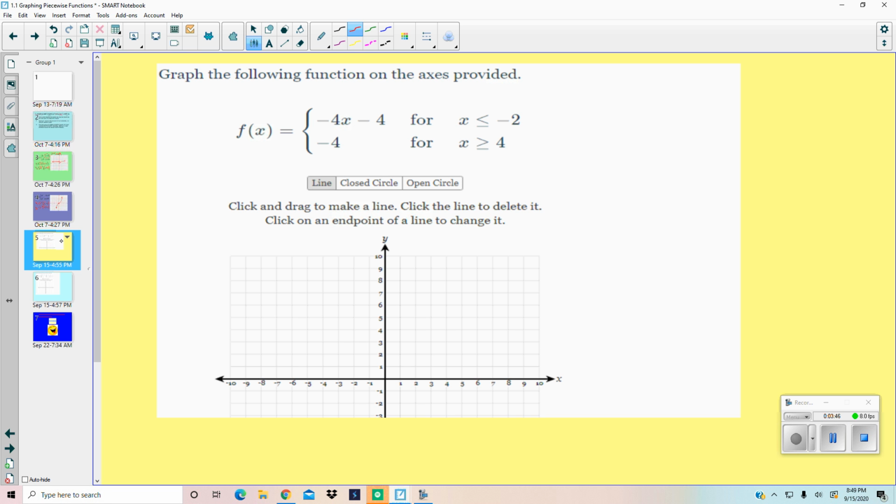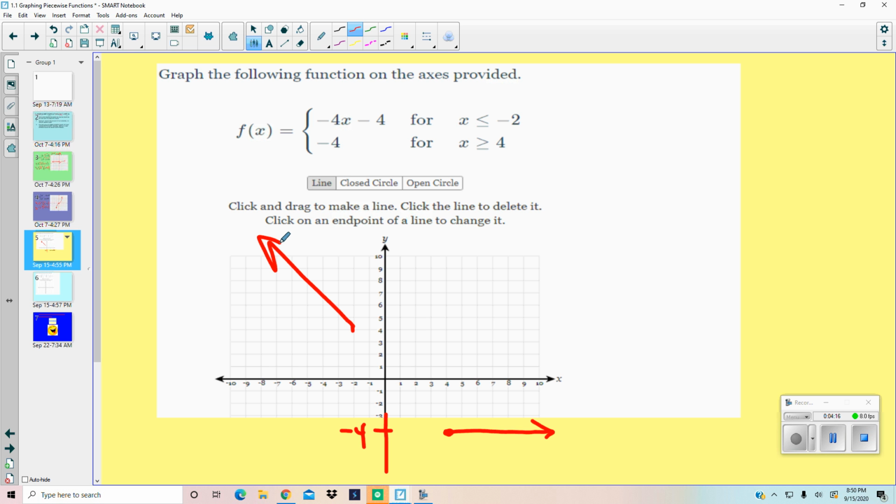And then press graph, and then see that I have a horizontal line for values greater than or equal to 4, and actually this is not long enough, so I need to extend this because negative 4 would be down here, but it doesn't start till here at 4, so that horizontal line is here, and then my other one starts at negative 2, and it's up here.